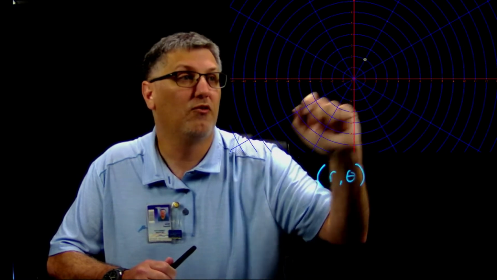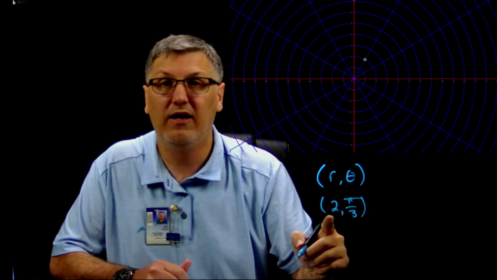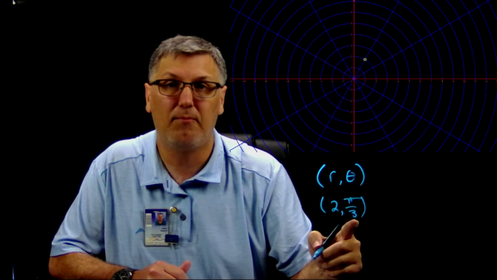We count how many radiuses, 1, 2, and then we rotate to the angle right here, which is pi over 3. So this point is going to be 2 comma pi over 3. A radius of 2 is rotated an angle of pi over 3.